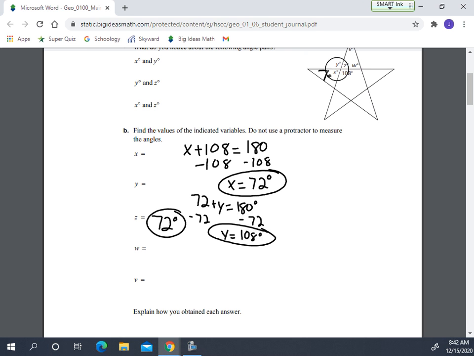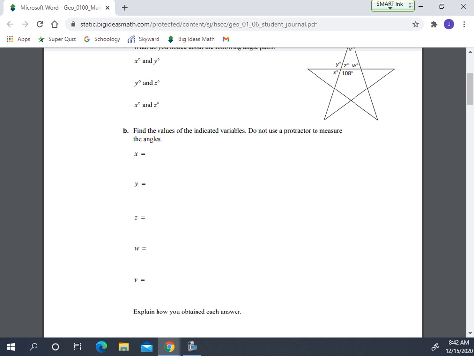The measure of w, okay, this one's a little trickier to find. Let's erase this and look more closely at our variable, w.